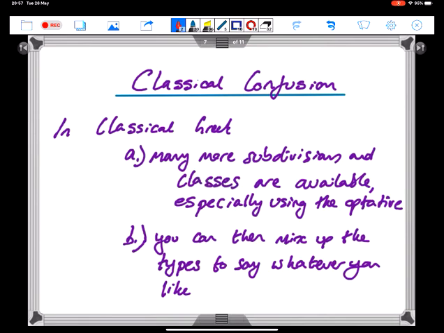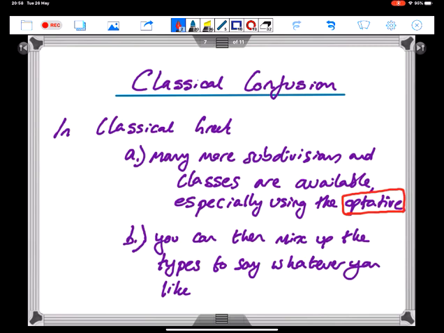In classical Greek, there are two main points to think about. First of all, there are many more subdivisions and classes. Most of these have got to do with varying things to be more nuanced by tense, and particularly using the optative to change the kind of probability and likelihood and definiteness of all of these.